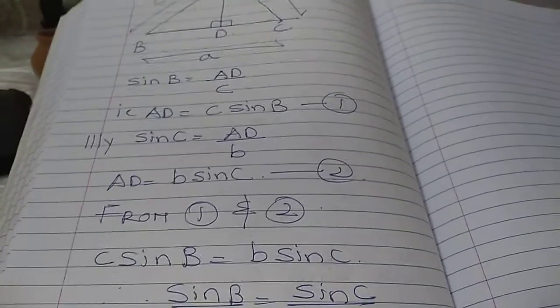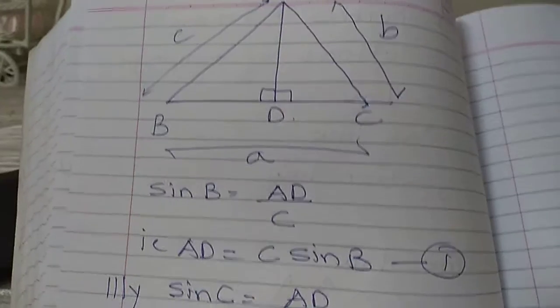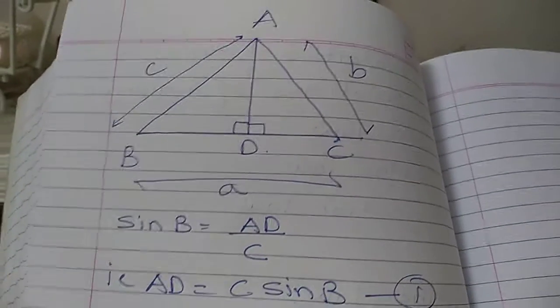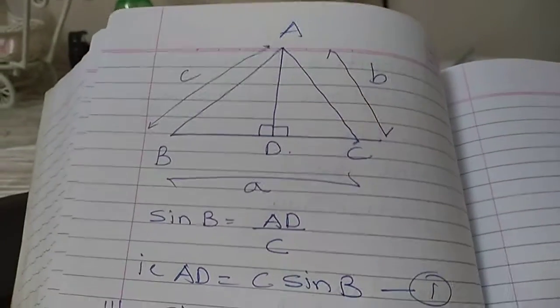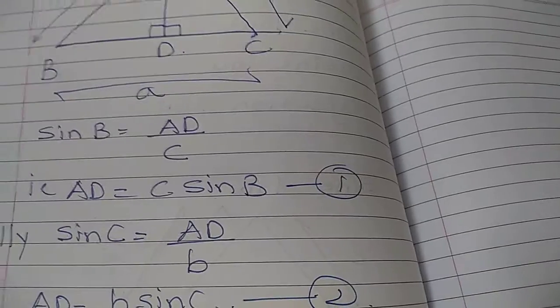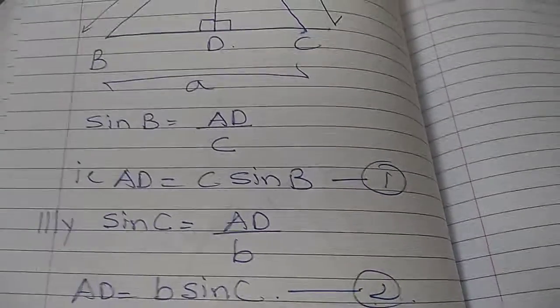Please observe this derivation. This is the triangle ABD in which sine B has been applied. Sine is opposite upon hypotenuse, hence AD upon C. Cross multiplying, I get AD is equal to C sine B, named equation number 1.